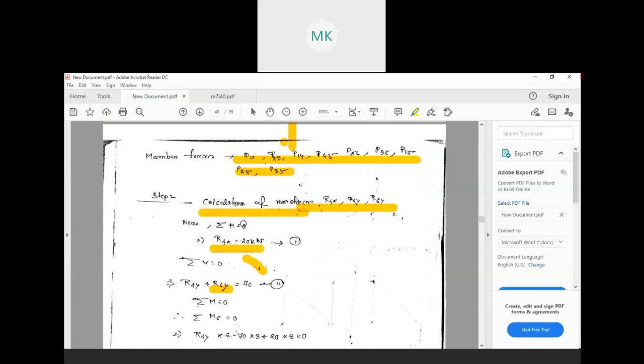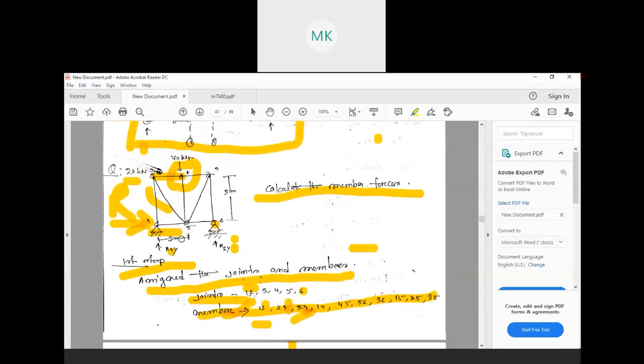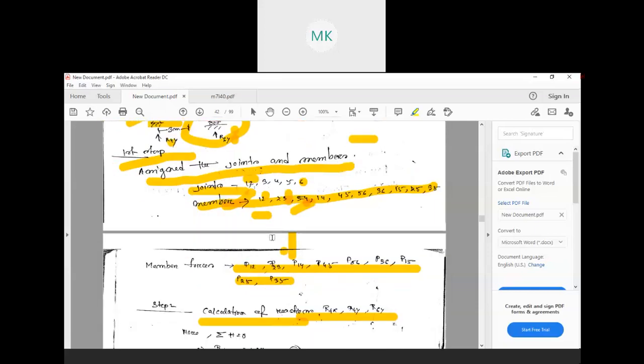In our case, there will be three reactions: at joint 4 there will be two, and at joint 6 one reaction will come, as it is a roller. For roller and for fixed supports, you already know which kind of reaction will come. As per that, you need to find the reactions.